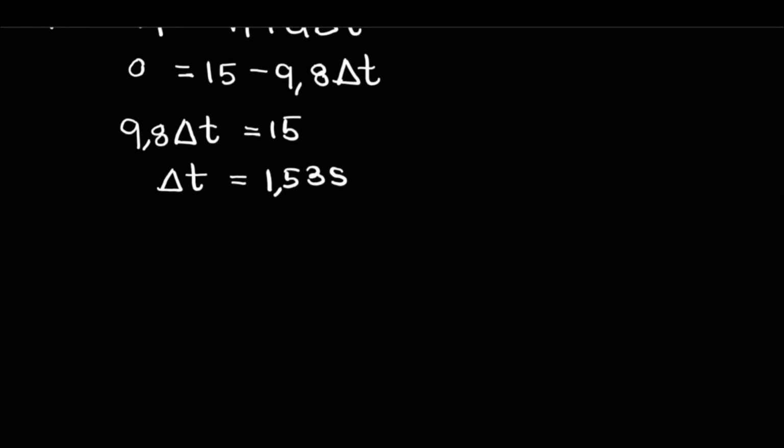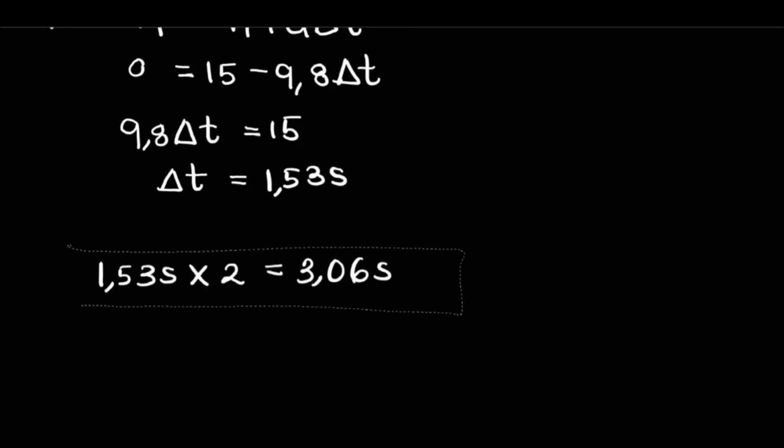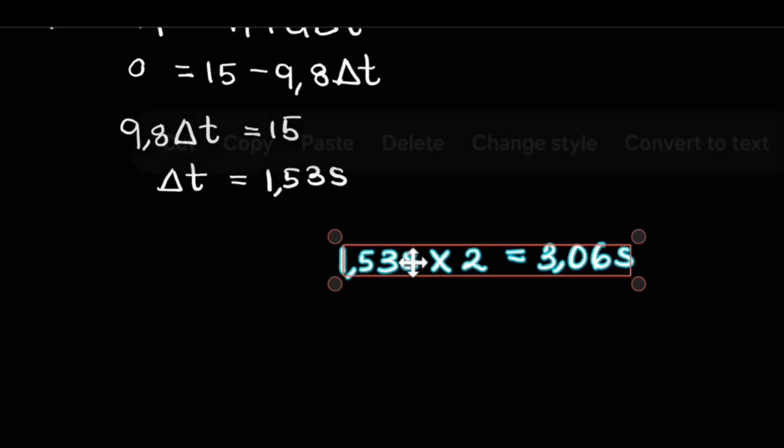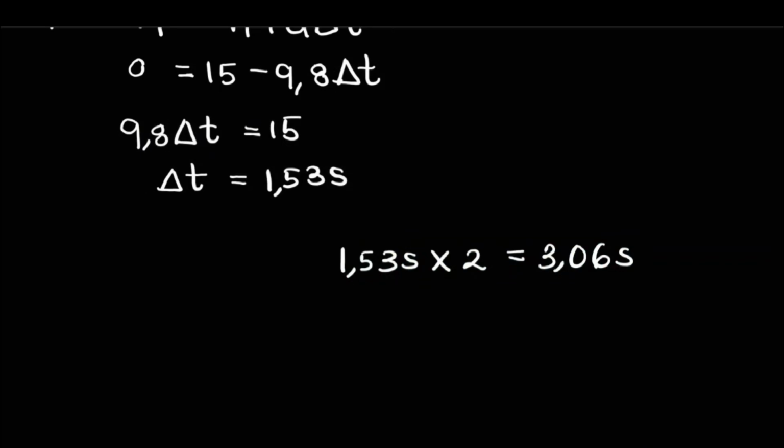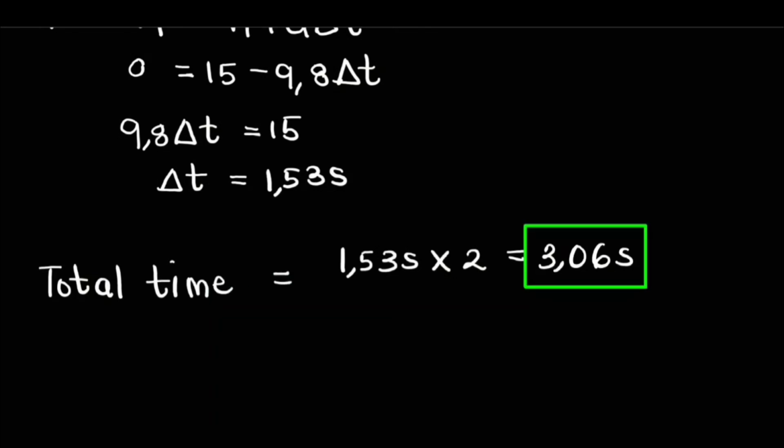So we're going to take this answer, 1.53, multiplied by 2, and that gives you 3.06 seconds. So this is actually the total time. So let's just write that down. Total time. Okay, so what does that mean?